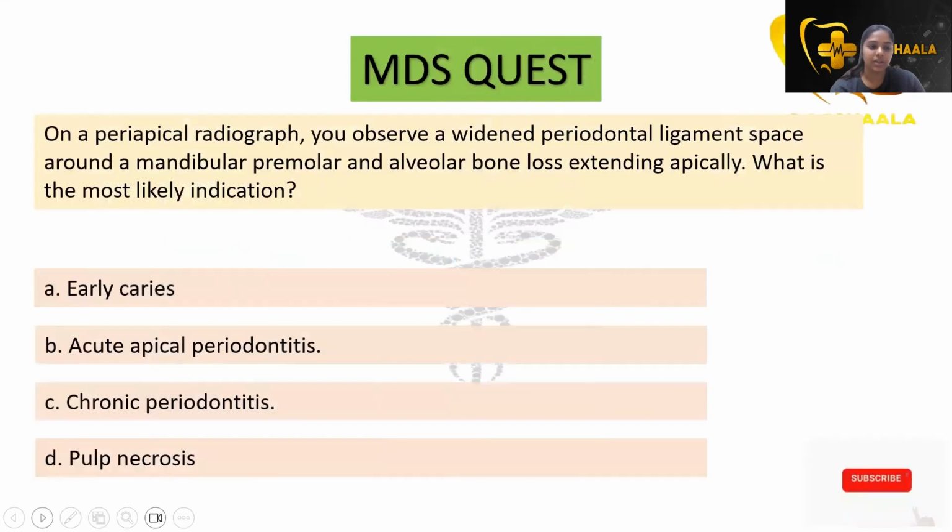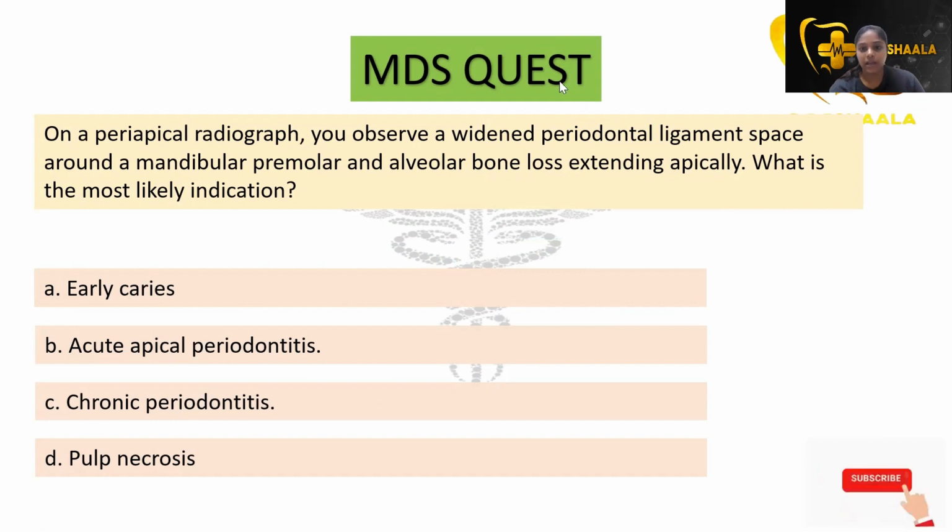Let's see a question here. On a periapical radiograph, you observe a widened periodontal ligament space. That means there is infection in the gums around a mandibular premolar and alveolar bone loss extending apically.